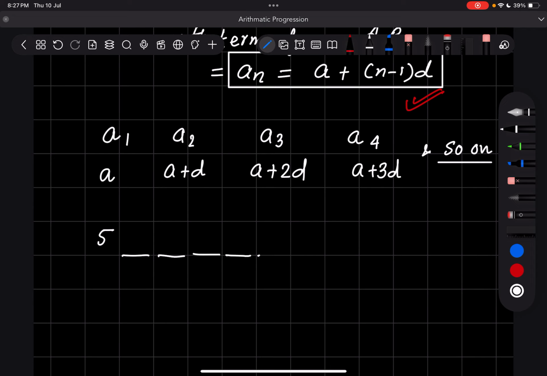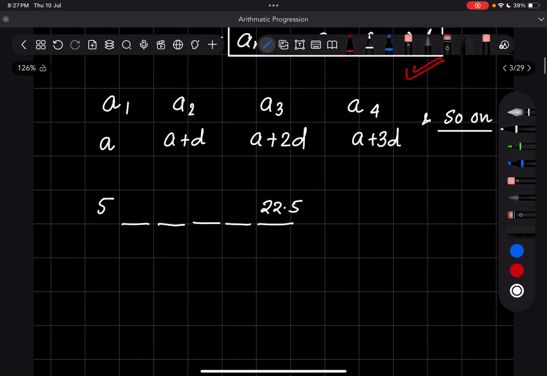Now on the sixth position you have 22.5. And if someone asks you what the missing terms are, how are you going to answer this question?